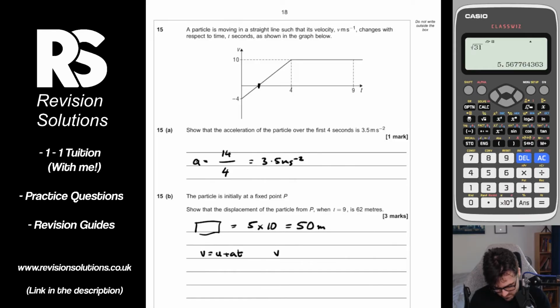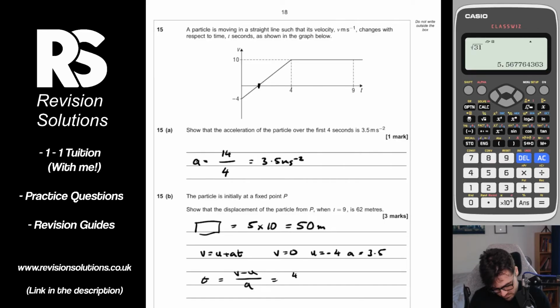and we know that we're after when v equals 0, we know u is minus 4, and a is the answer from before, 3.5. So rearranging for t, we'd have t is v minus u all divided by a. So it'd be 0 minus 4, which is 4 divided by 3.5.